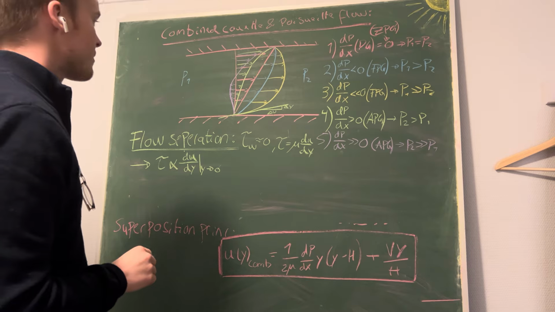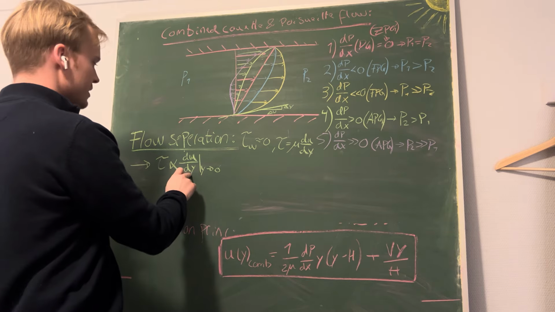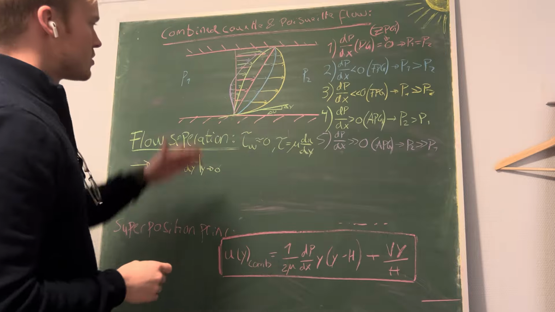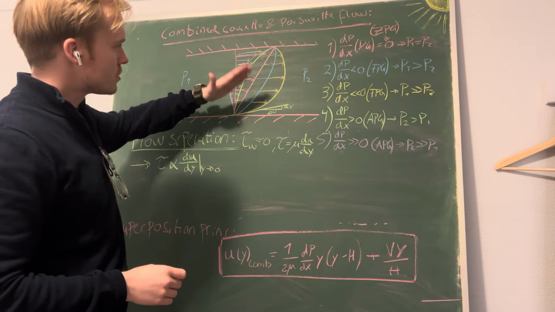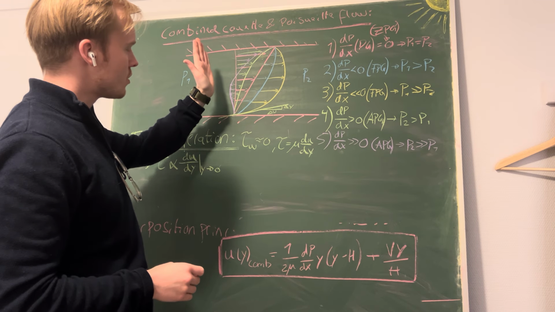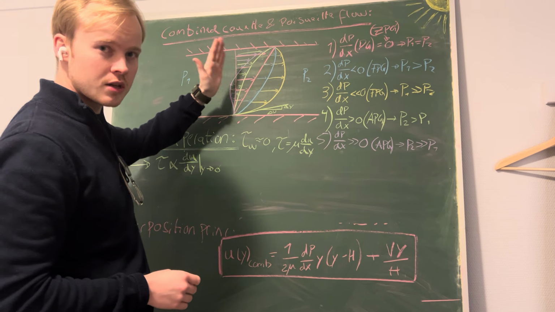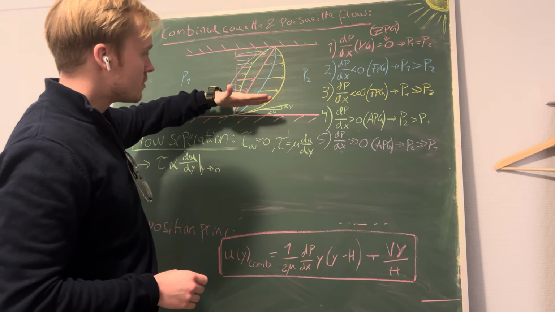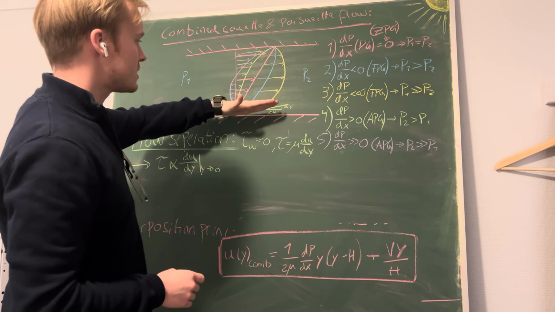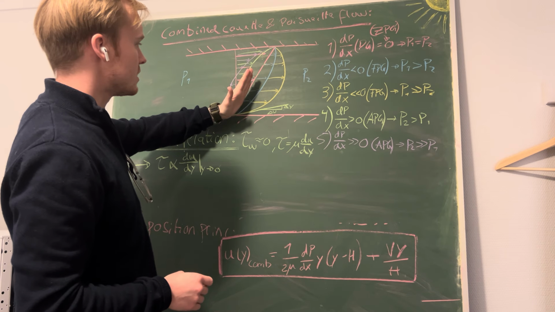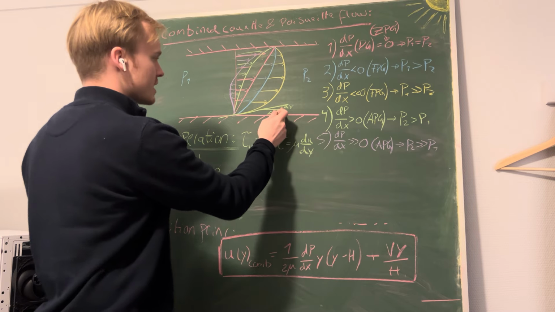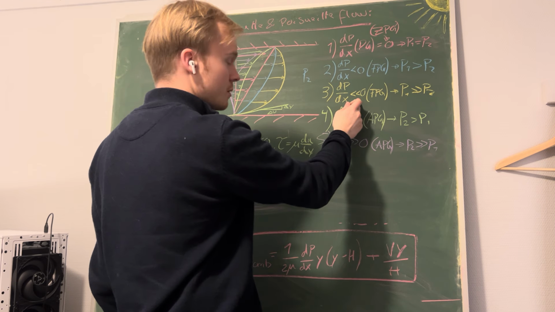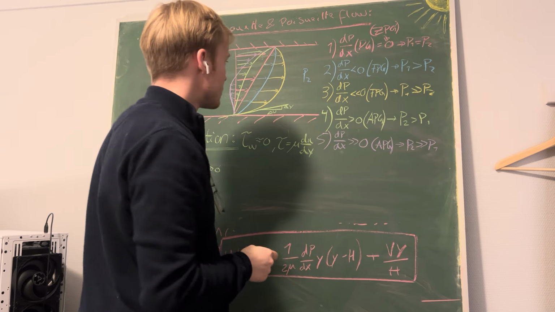We can approximate this derivative by simply asserting this into this. So the more the velocity profile tilts downwards, the more shear we have, because this is a steeper gradient than this, which means that in this case, number 3, we have a pretty big shear stress at the wall.